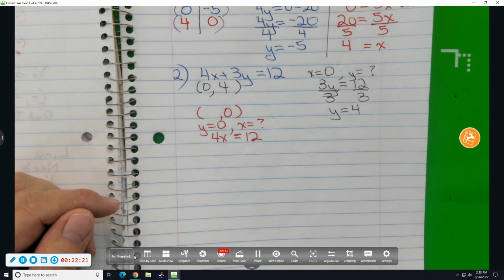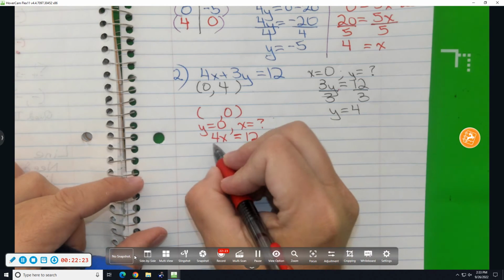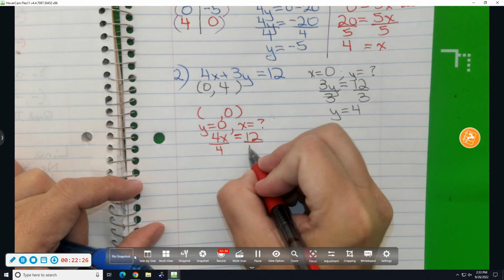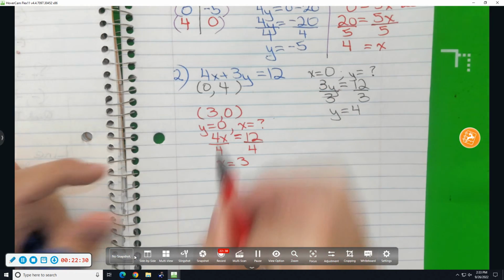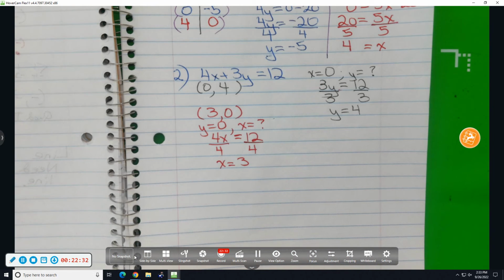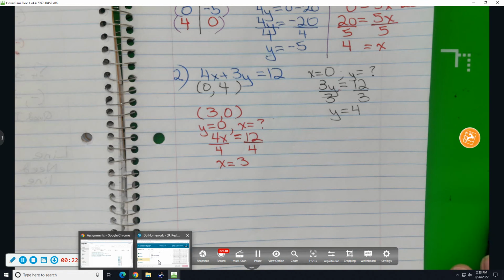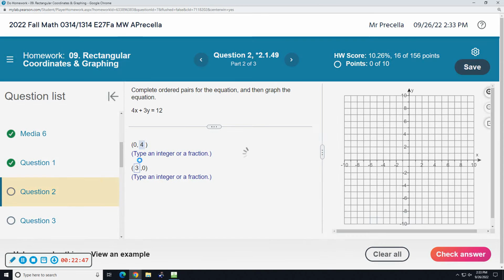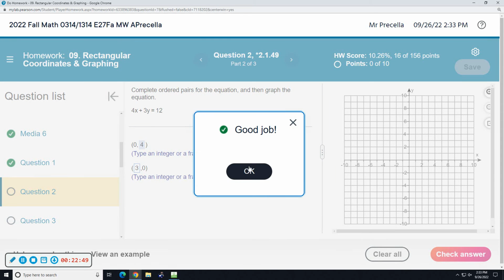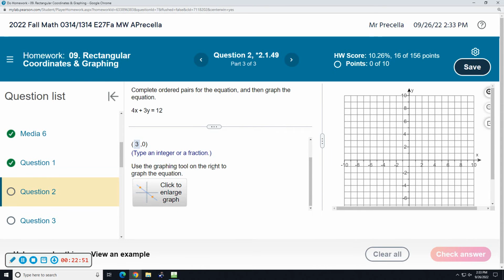So we divide by 4 to get our x value of 3. Any questions there? Okay, so we come here and we type in a 3. And it's time to draw a graph.